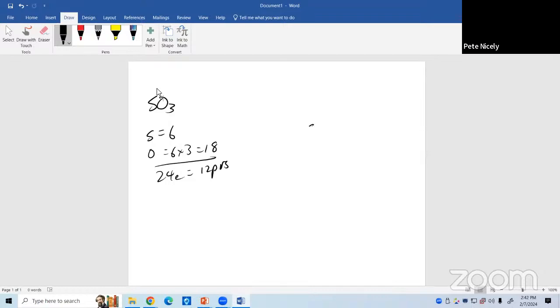We put the sulfur in the middle, surrounded with the oxygens. We put the bonding pairs, 1, 2, 3, 4, 5, 6, 7, 8, 9, 10, 11, 12. All right, and then we notice that the sulfur does not have an octet. So I'm going to put a pair of electrons down.